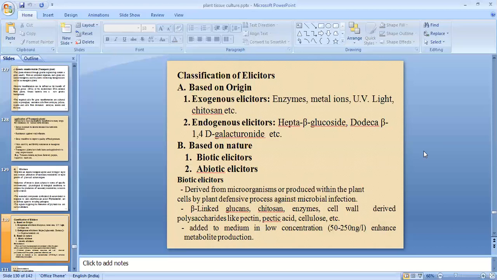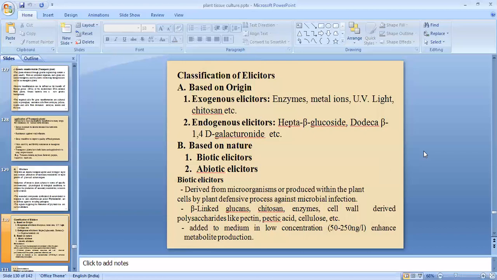Exogenous are nothing but the compounds which are outside the cell, maybe the enzyme, metal ions, UV light, phytosan, etc. And endogenous are the substances present inside, like hepta beta glucoside, or dodeca beta 1,4 D-galacturonide.